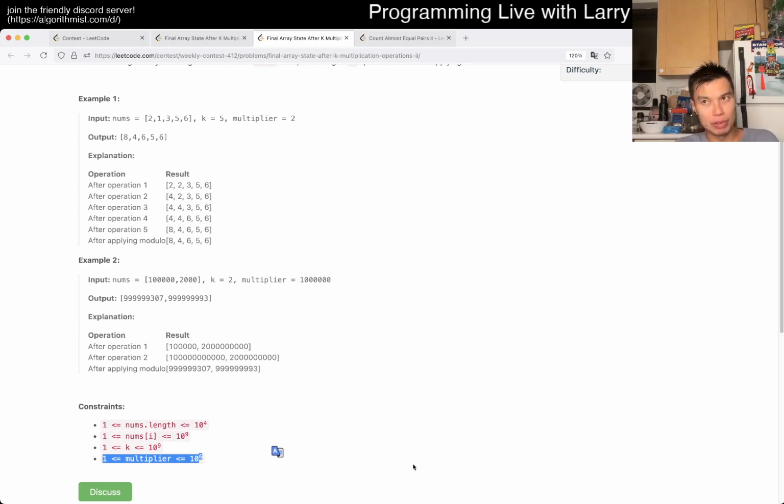We should be able to do a thing, but with cycle finding, well, that's a hard sell. With n equal to 10 to the 4th.